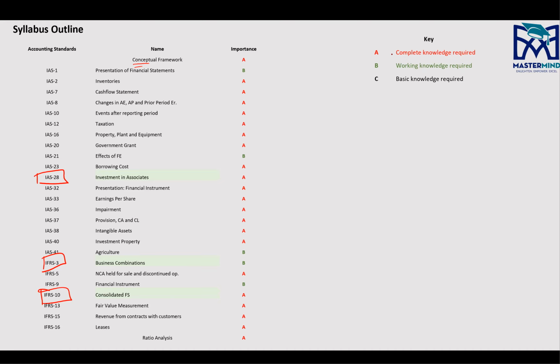If you get numericals on it, you should be able to work out the basics. If you get a theory question on it, you should be able to form an answer around the theory, right? And then you have C, which, I don't think you can see, right? There's no C over here, because you need at least the basic working knowledge of each and every topic, each and every standard as well.